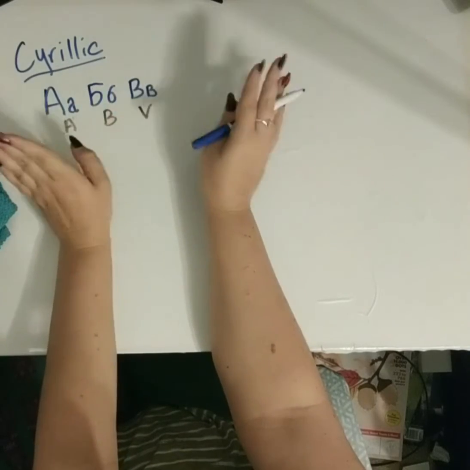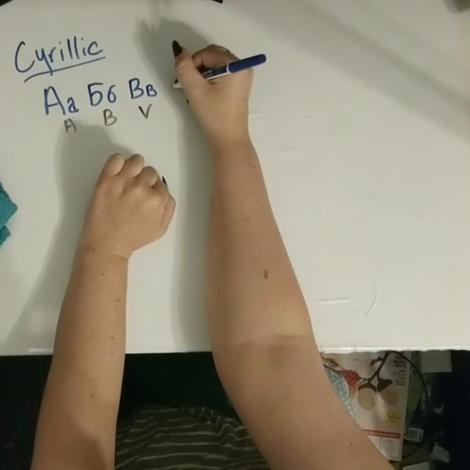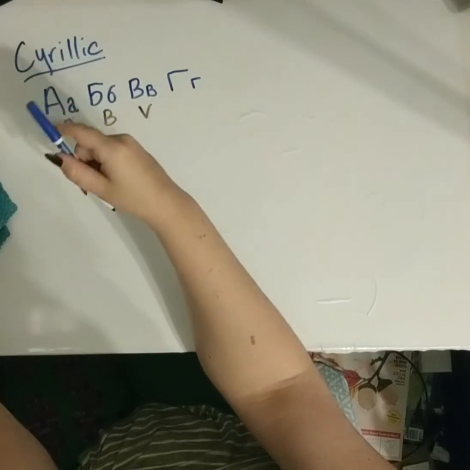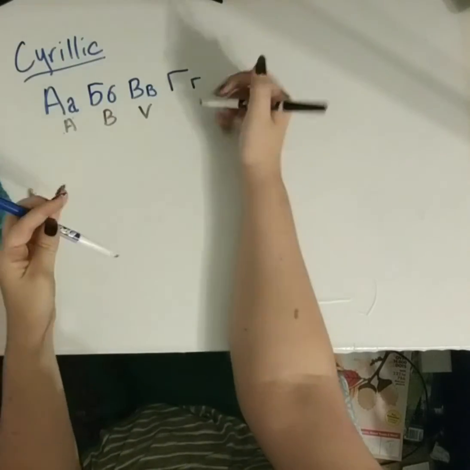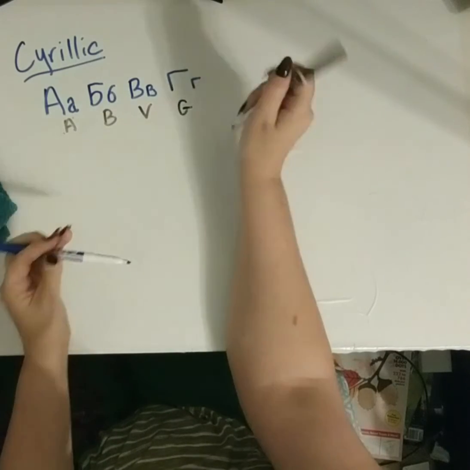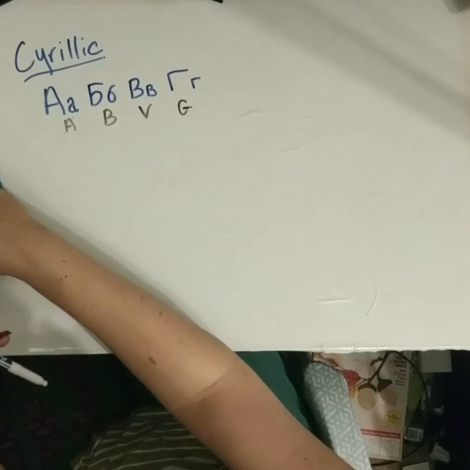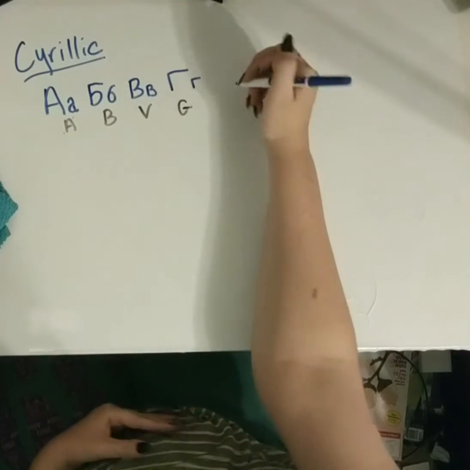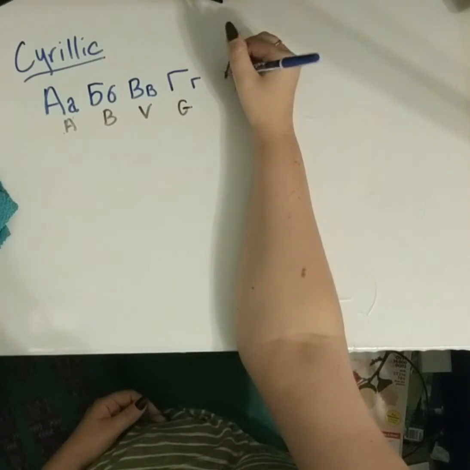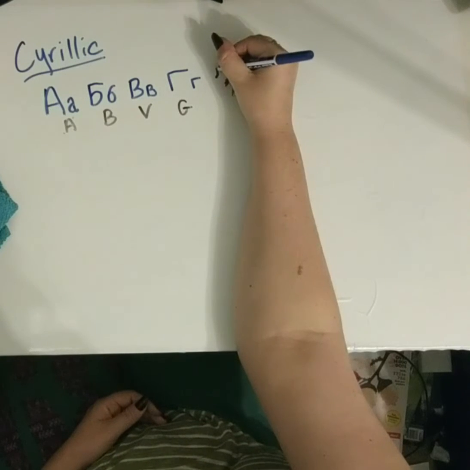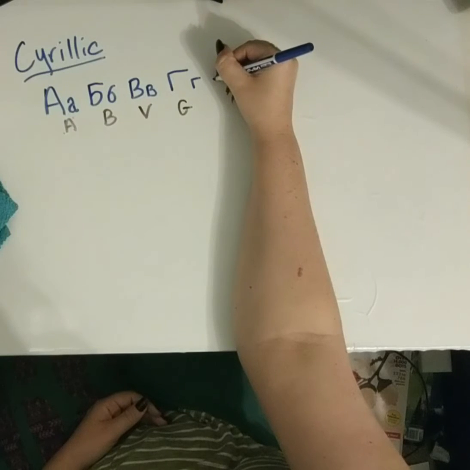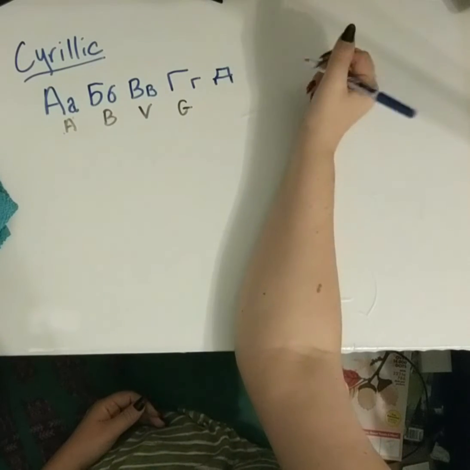Just keep going. This is the letter G. And that's lowercase. So this is G. And this is my favorite letter, I think because it looks like a little spaceship. It looks like that.